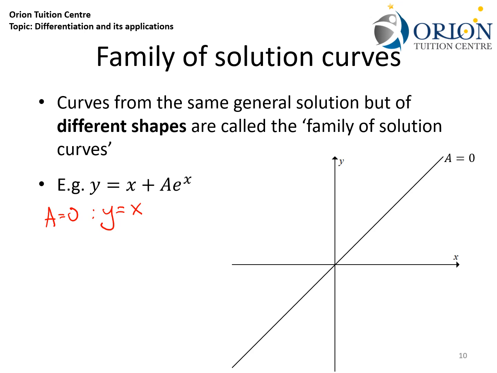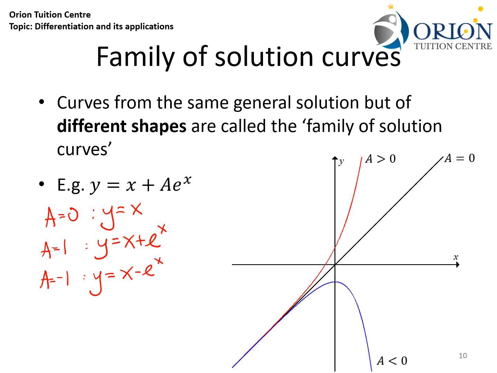If a is a positive number, say if we have a equals 1, we will have the general solution becoming a particular solution of y equals x plus e to the power of x, which is this red curve over here. Finally, if a is negative, let's say a equals minus 1, we will get y equals x minus e^x, which is this blue curve over here.